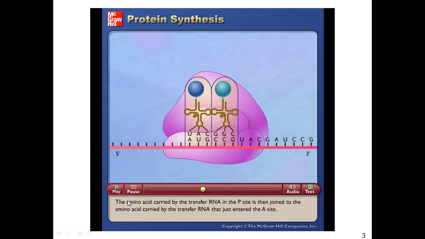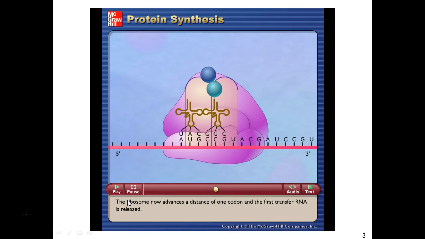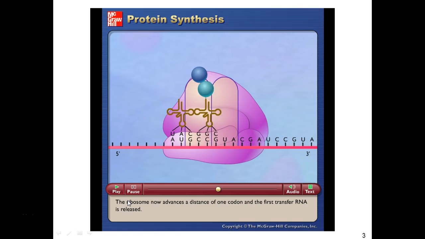The amino acid carried by the transfer RNA in the P site is then joined to the amino acid carried by the transfer RNA that just entered the A site. The ribosome now advances a distance of one codon, and the first transfer RNA is released.